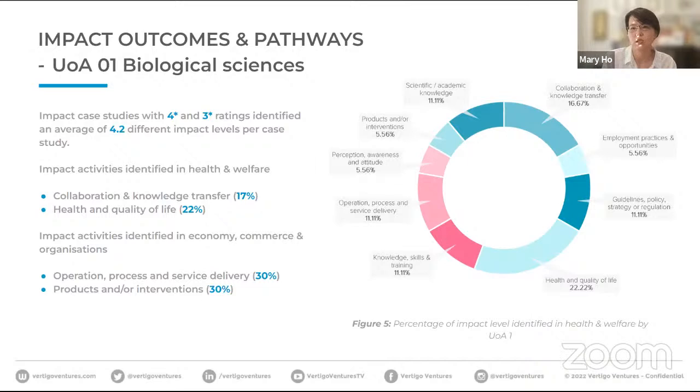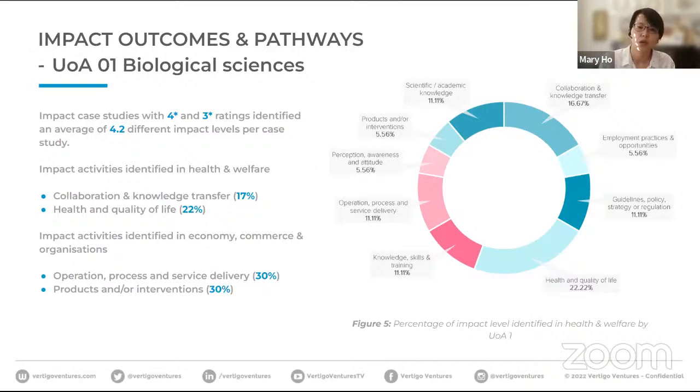So it gives us an idea that, on average, each case study is able to mention or describe at least 4.2 different impact levels or impact activities, and these impact activities were strongly associated with 3 main impact types, which is economy, commerce, and organizations, environment, and health and welfare.